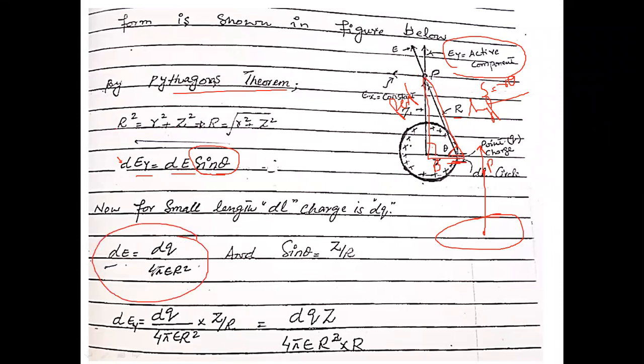Now for the small length dl, dE is equal to dq, this is the formula: E is equal to q divided by 4 pi epsilon R square, so dE is equal to dq divided by 4 pi epsilon R square.